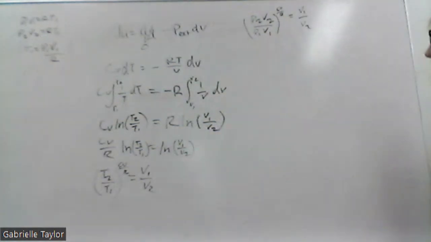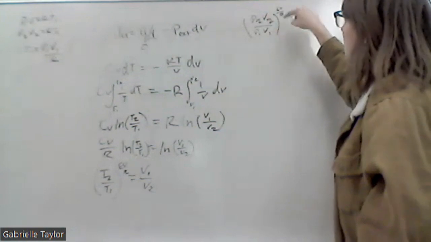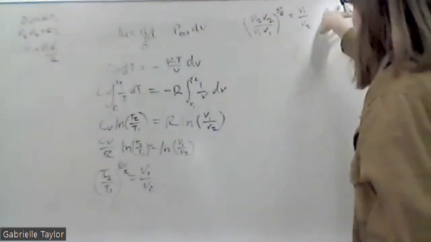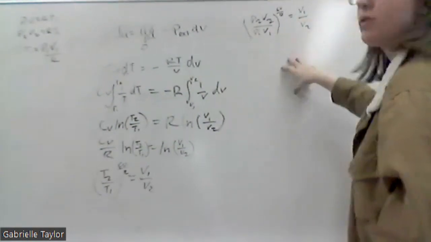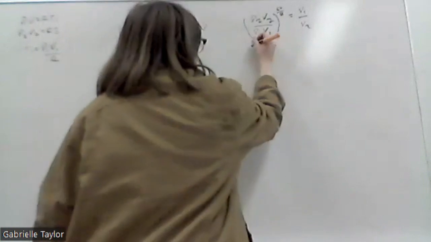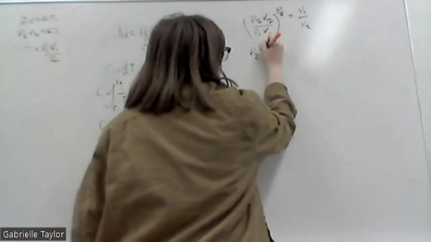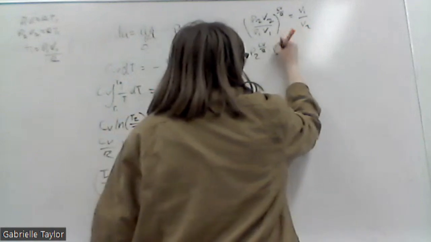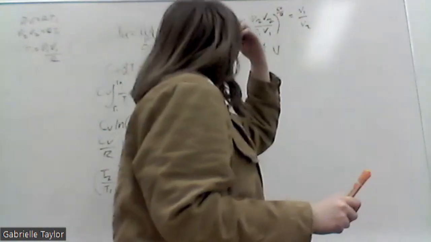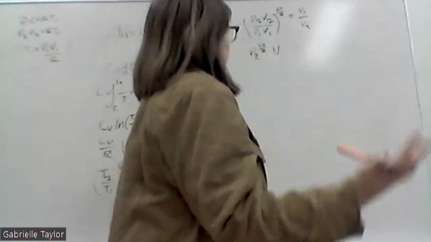Okay, so now what we can do is we're going to multiply this, our Cv over R of all these variables, and then we're going to move these over to correspond with these, and then we'll see what we get. So it's going to be P2 is Cv over R, and then V2. Well, no, we bring over a V2, so that's going to be a V1. And then this is going to be V2 to the first power.